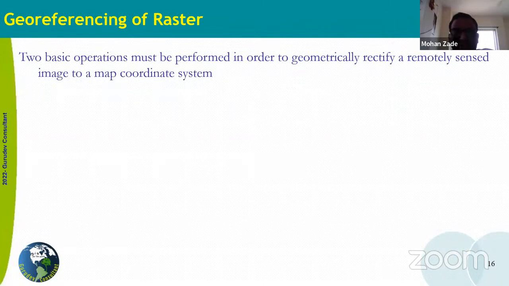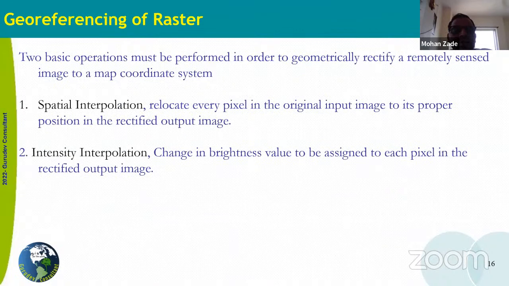While doing the georeferencing, fundamentally two things happen. One is spatial interpolation. Spatial interpolation means relocating. As I said, your raw images are displaced from your area of interest, so to bring them back, the location needs to change. This location change happens in spatial interpolation. Then intensity interpolation.